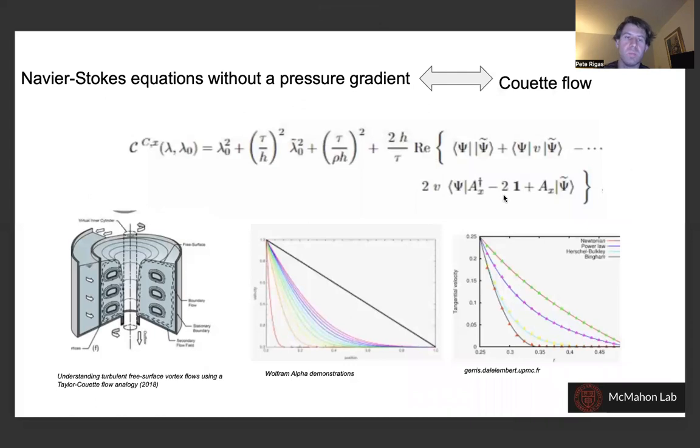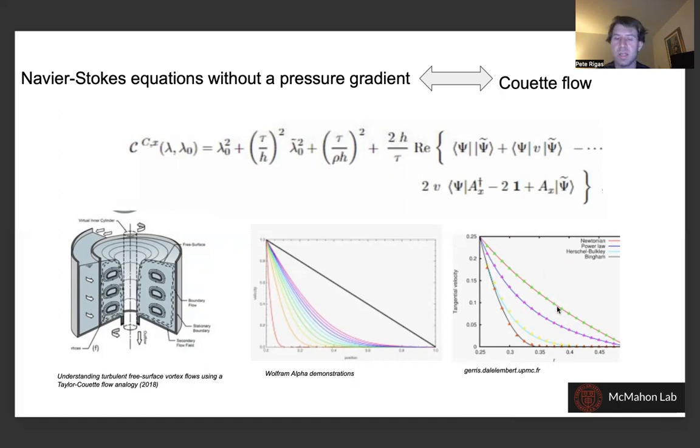And we can make use of this cost function because Navier-Stokes without a pressure gradient corresponds to Couette flow, which physically arises in several different types of instances of computational fluid dynamics, in which there can be different characteristics to the flow along the surface and the boundary of a rotating fluid, in addition to possibly the formation of vortices further into the bulk of the fluid flow.